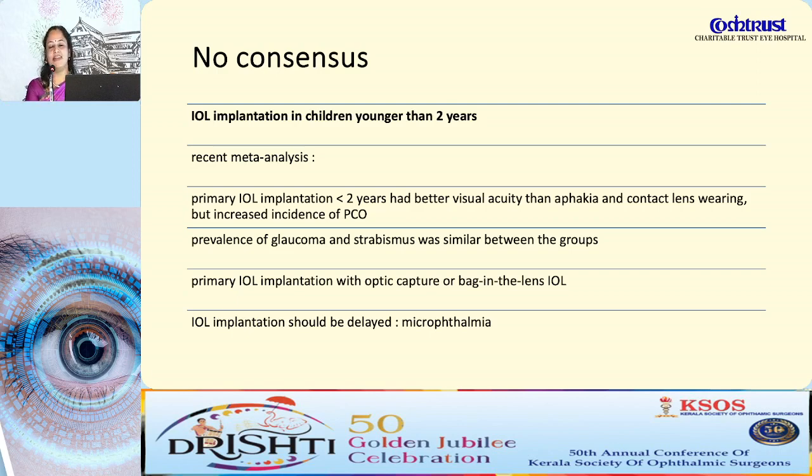But they had increased chances of posterior capsular opacity. And it was seen that the prevalence of glaucoma and strabismus were similar in both groups. But what they recommended is that when you are putting an IOL, it has to be optically captured or it should be a bag in the lens type of IOL. And they also said that even in less than 2 years, IOL implantation should be delayed if there is microphthalmia.